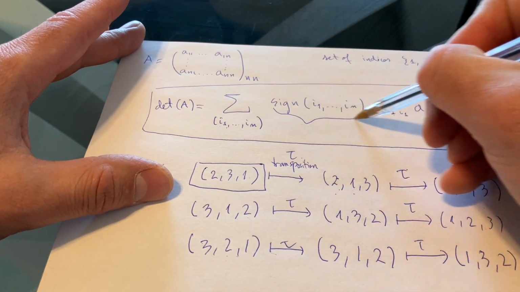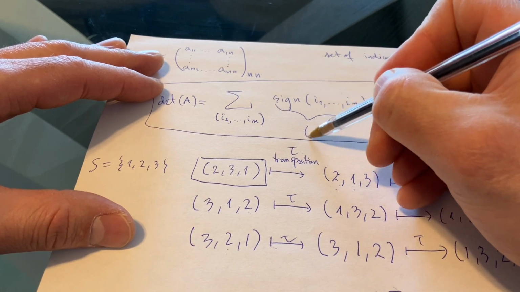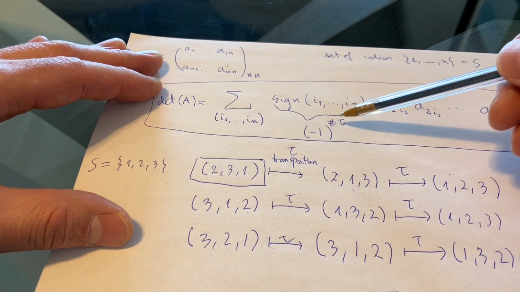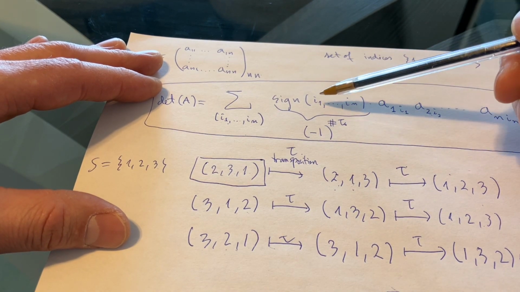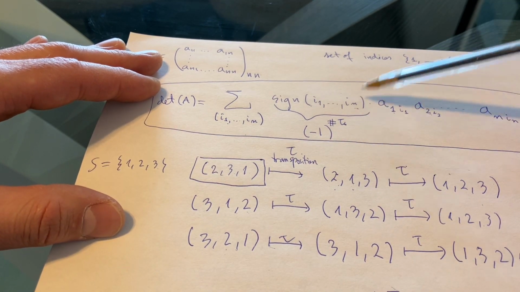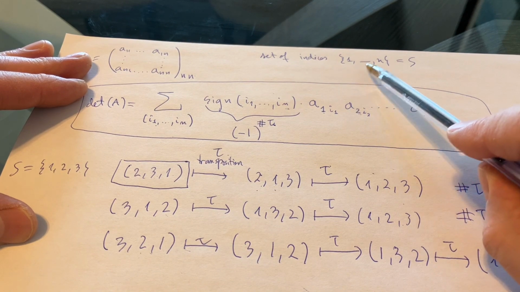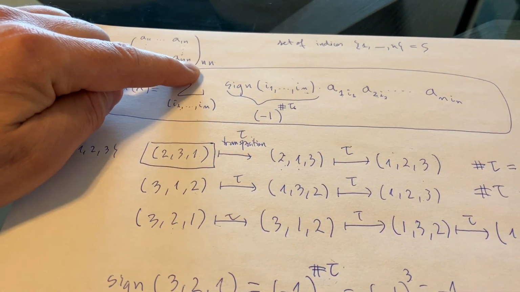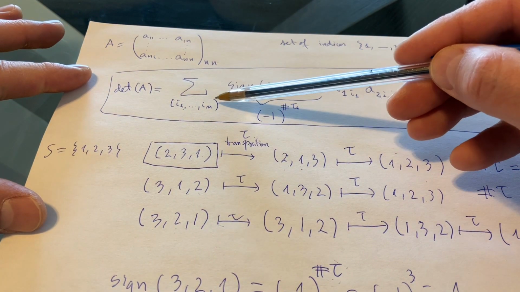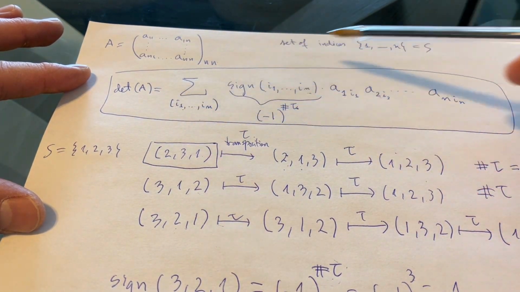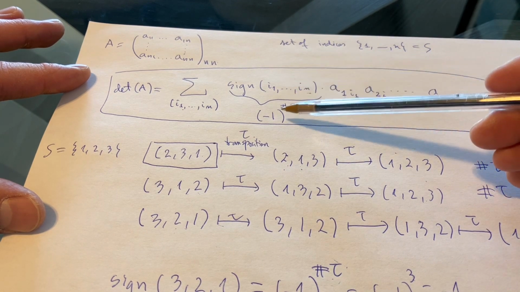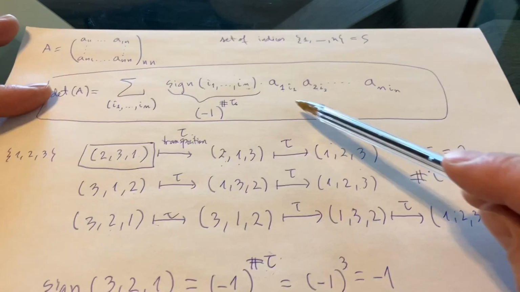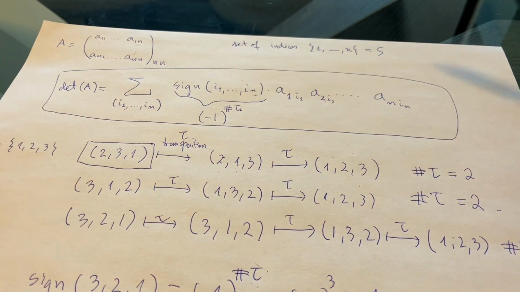So the sign of this permutation you see here is equal to -1 to the power of the number of transpositions that it'll take for us to bring this permutation into 1, 2, 3, ..., n. So the determinant of a matrix A of dimension n is the sum over all the possible permutations of this set of indices of the sign of that permutation times these elements down here.